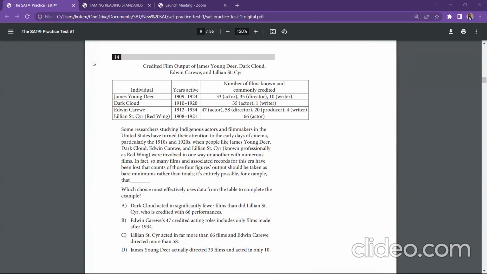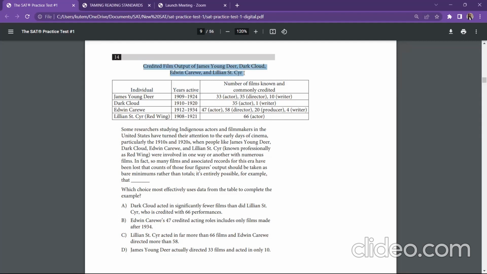You can see that there's a heading at the top that gives you more information. And don't not use anything that's given to you, because there's a reason it's there. The College Board doesn't just put stuff. So this will probably have a role in helping you to understand this infographic.